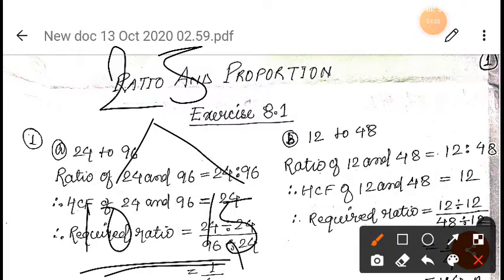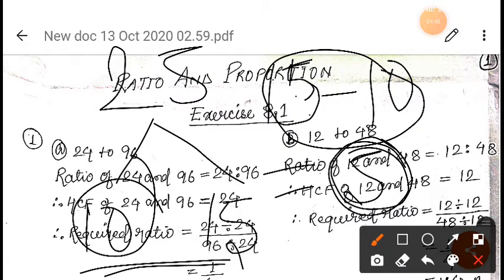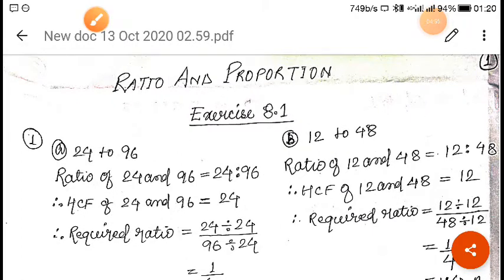How will you compare this? You can compare by finding the difference. Your sister has got 15 and you have got 10, so when you subtract, you get 5, right? It means your sister has got 5 more bananas than you. So this is one method to compare the two quantities.